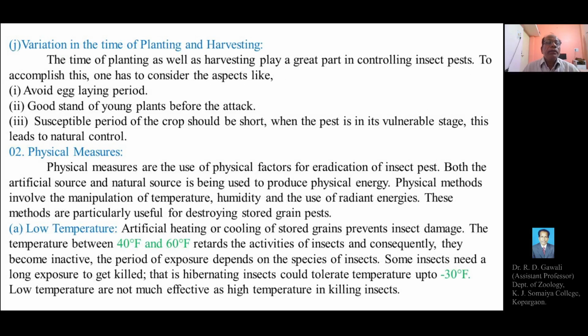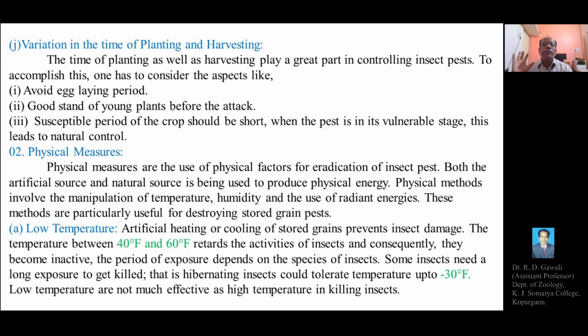Then the last one, variation in the time of planting and harvesting. So another cultural practice is variation in the time of planting and harvesting. The time of planting as well as harvesting plays a great part in controlling insect pests.